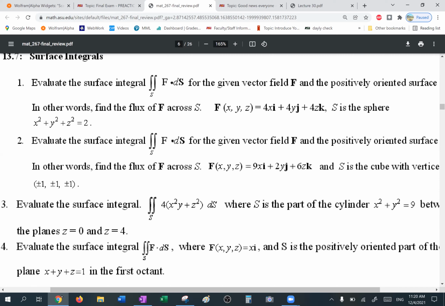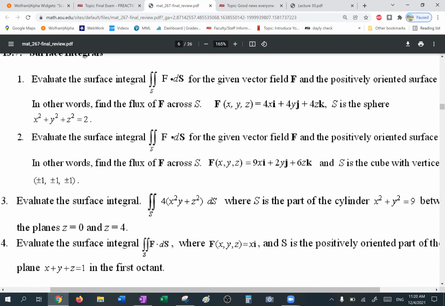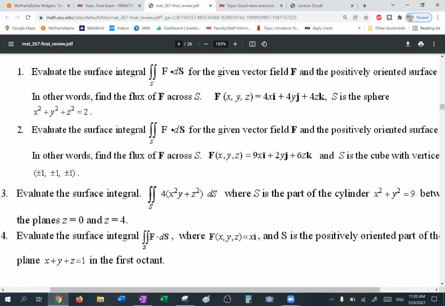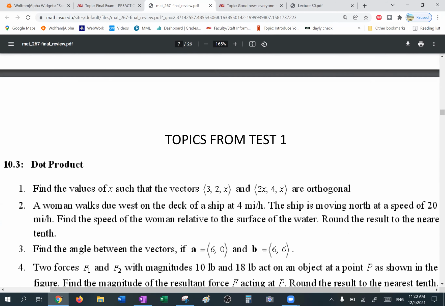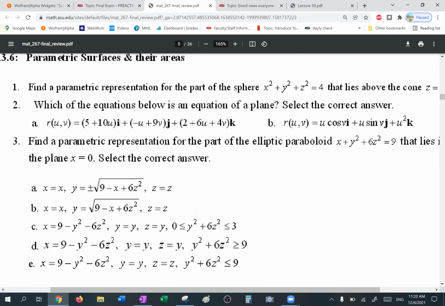Okay, this one is good. 13.1, number 1. 13.7, number 1. Doesn't look like that. That's weird. Let's see. Parameterize. Dot product.